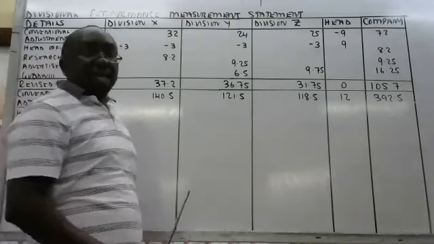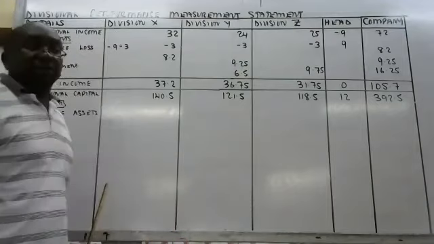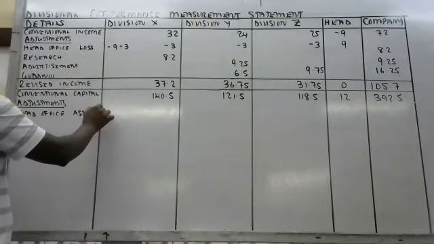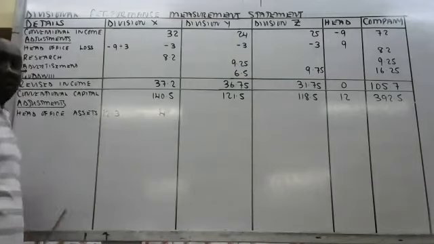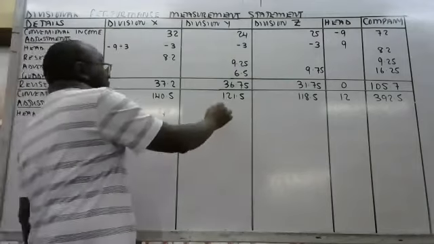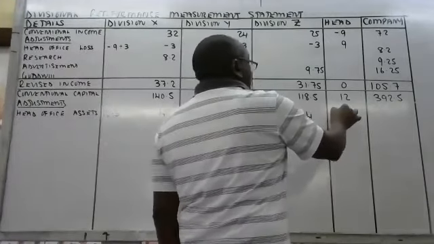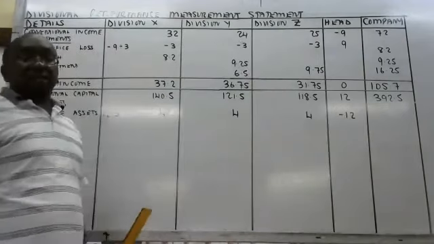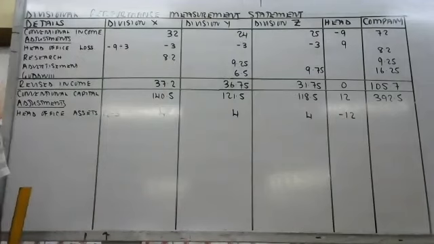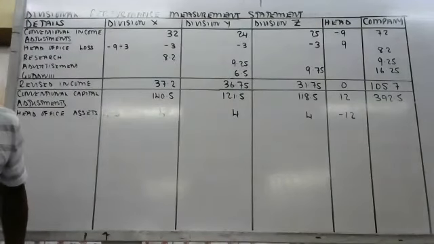Because we were told that whatever is in the head office is shared equally among the divisions, we take 12 and divide by 3. So this one gets 4, this one also 4, this one 4. Now here we subtract 12.